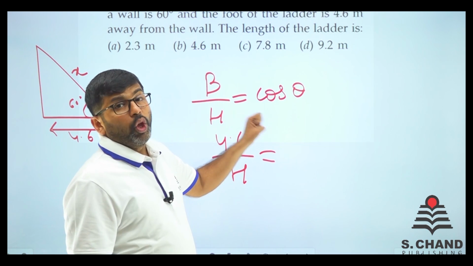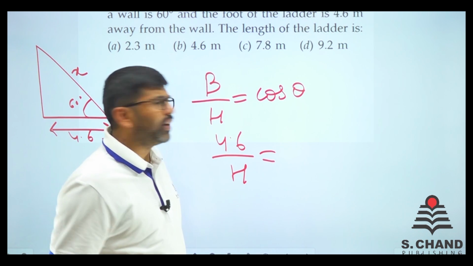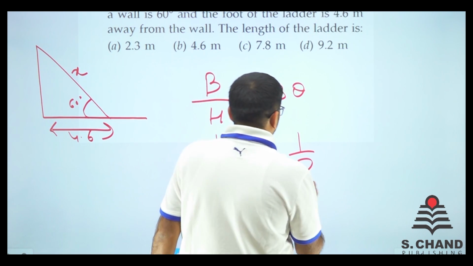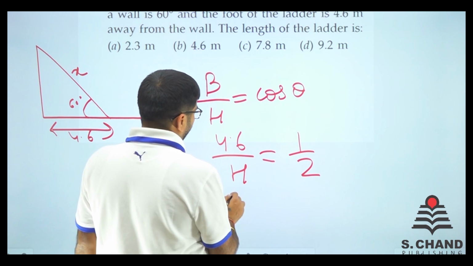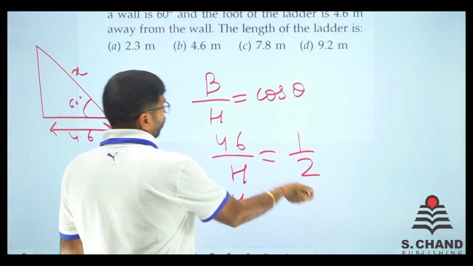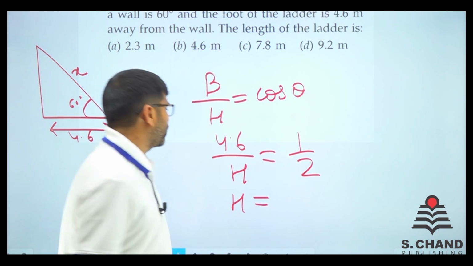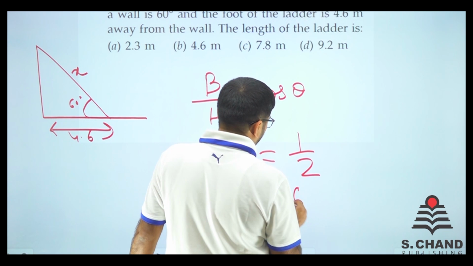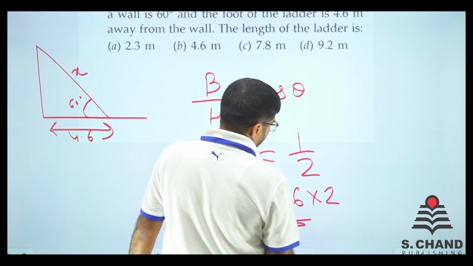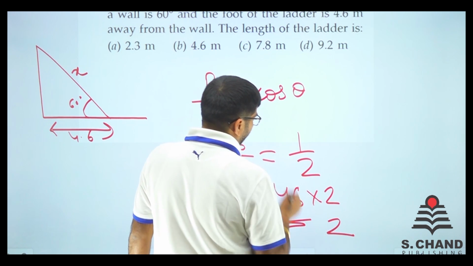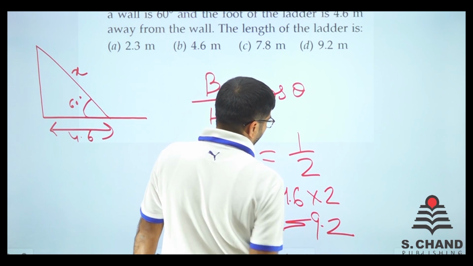Cos 60 is sin 30, and sin 30 is 1 by 2. So I guess not a very big deal now. h is equal to 2. We just cross multiply. 2 comes here, h goes there. So 4.6 into 2 is 9.2 is the answer.